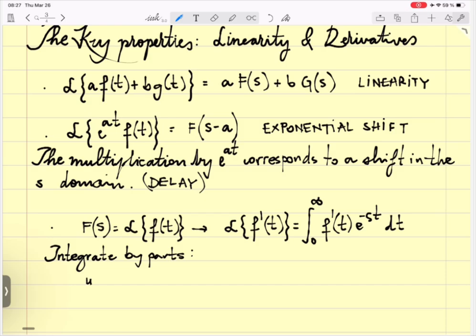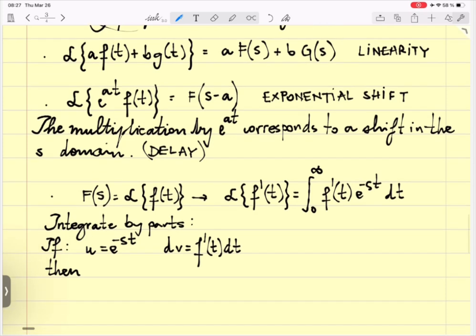So if we say u is e to the minus st and dv equals f first derivative dt, then the differential of u is minus s e to the minus st dt, and v is f of t.